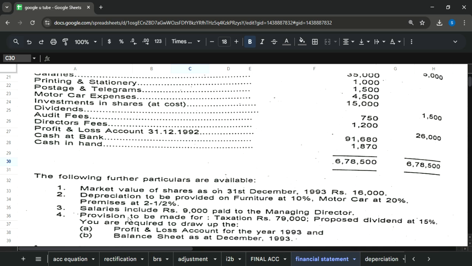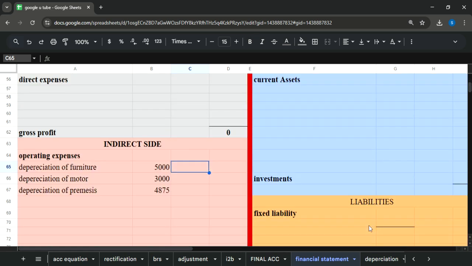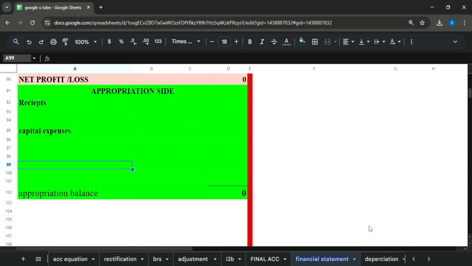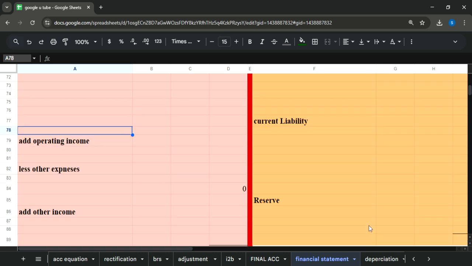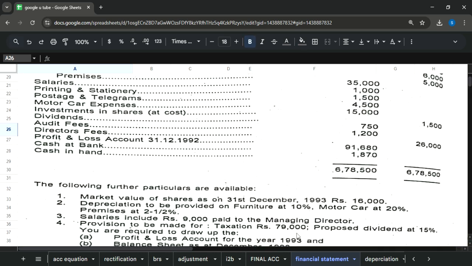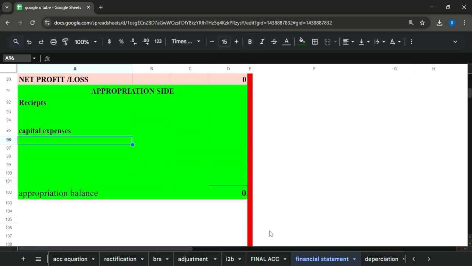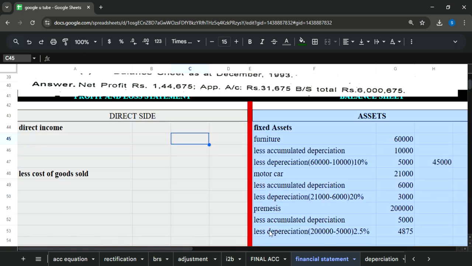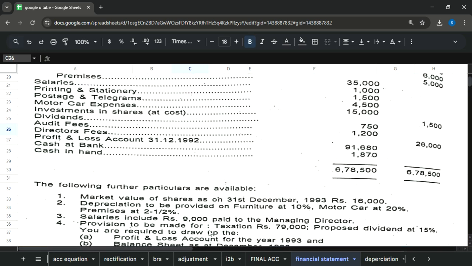Number 4, provision to be made for taxation, dividend. Both are capital sort of expenses, so we will go to our green side, appropriation, and here we will mention the first provision, which is for taxation. Write down provision for taxation. Amount of this provision is 79,000. Look at here.